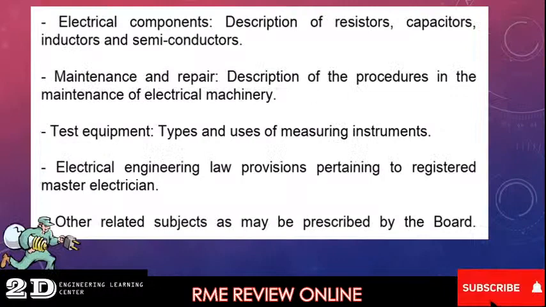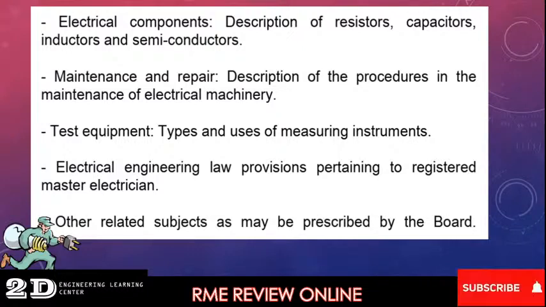Then we have electrical components. So this is still under the technical subjects. So we have electrical components, so description of resistors, capacitors, inductors, and semiconductors. You have maintenance and repair, so description of the procedures in maintenance of electrical machinery. Then test equipment, so types and uses of measuring instrument.